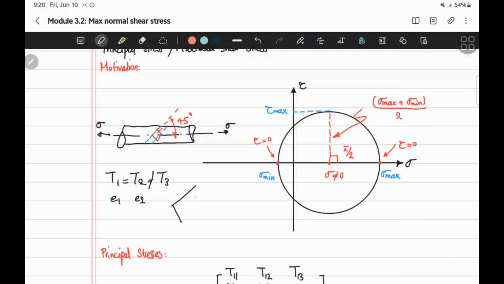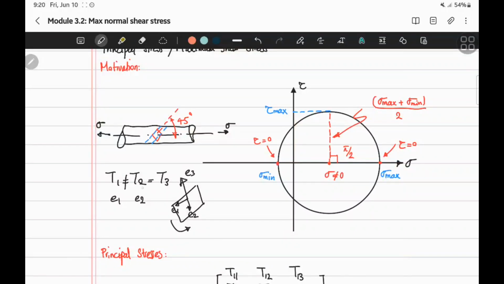So if you have a plane where its normal is E3, you have infinite solutions that you can find by rotating these E1 and E2 around this E3. But basically it doesn't affect your maximum shear stress.